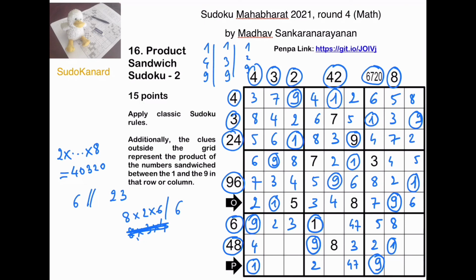Here we get a 6. 5, 7 and 6. And that's a 5. We get a 5 here and an 8 together with 7 and 6. That's it. And we end with 4, 3, and 7, and it works.